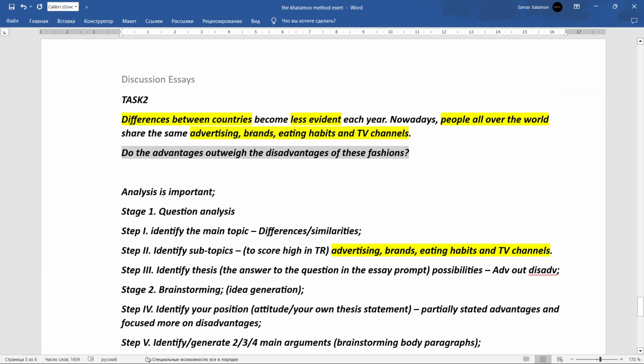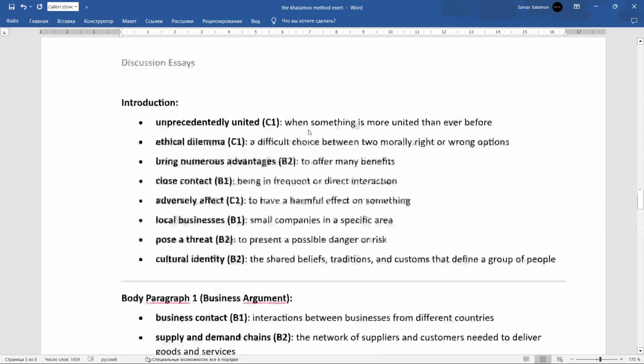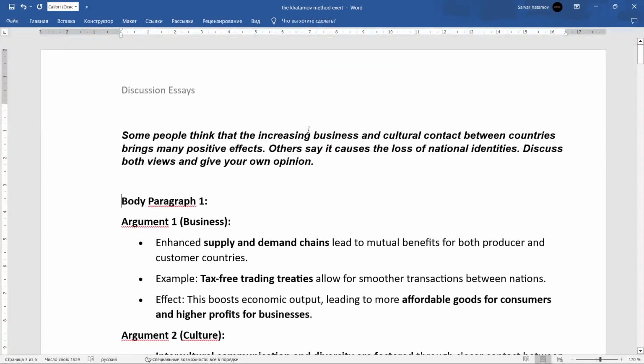So advertising and brands I just took as business, eating habits and TV channels as culture. So instead of writing on four separate subtopics, I just generalize them. And this makes it very close to this essay question right here. Some people think that the increasing business and cultural contact between countries brings many positive effects. It causes the loss of national identities.